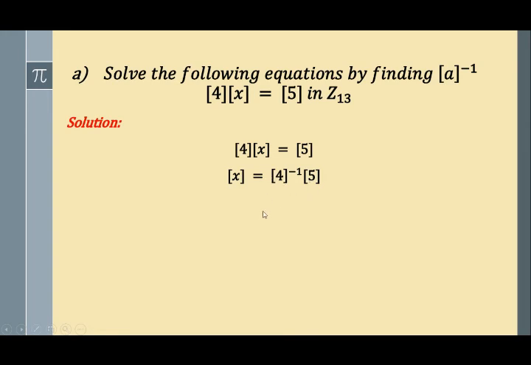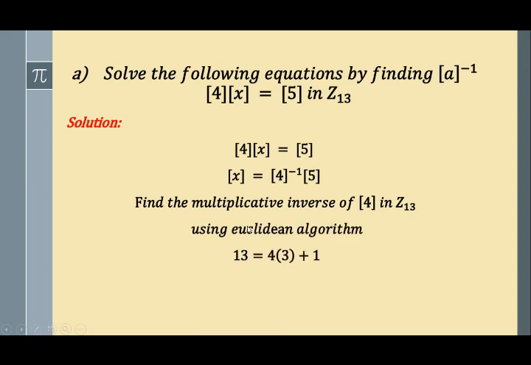Now we'll have to find the multiplicative inverse of 4 in modulo 13. To do that, we'll use the Euclidean algorithm. We'll say 13 is equal to 4 times 3 plus a remainder of 1, since 4 goes into 13 three times. Therefore we can conclude that 1 is equal to 13 times 1 plus 4 times minus 3.